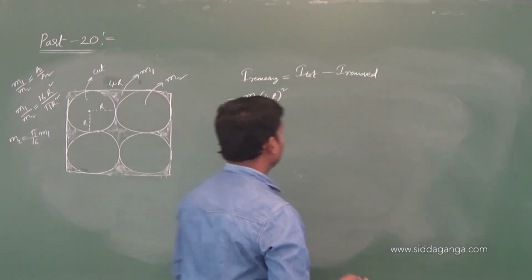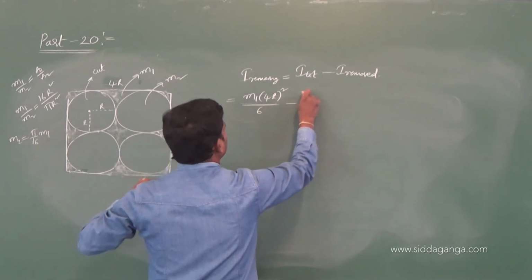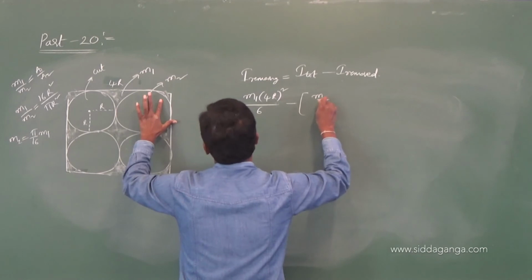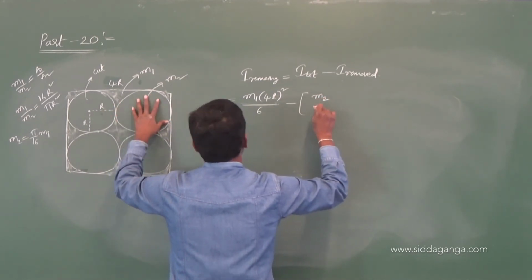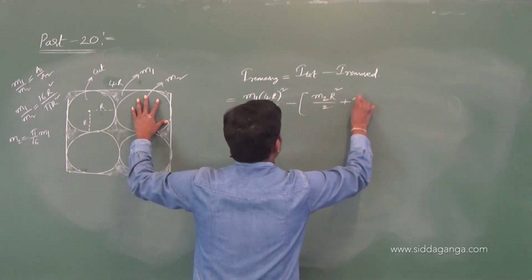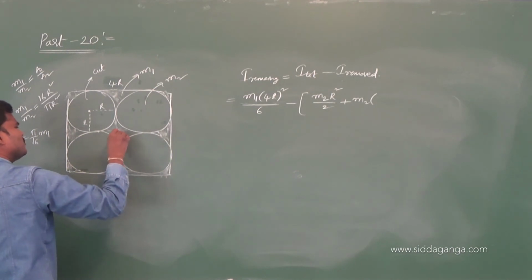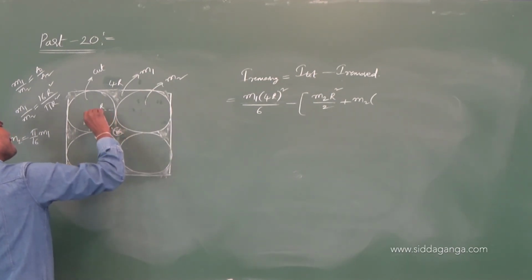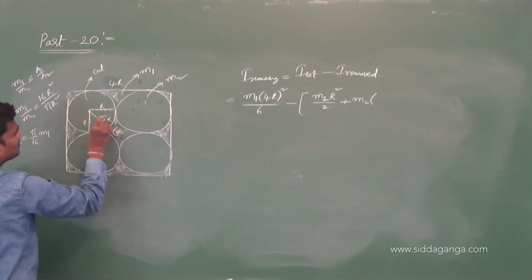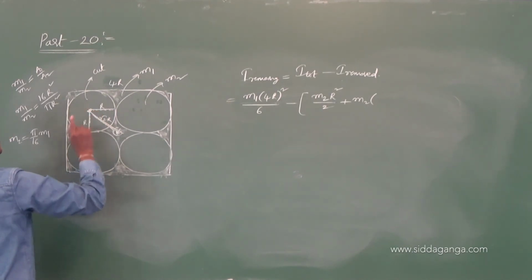So write down m1 times 4r square by 6, minus the removed part mass m2. This is like a circular disc, so the radius is r by 2, the mass of the disc, and the distance between the two centers. About this we are finding; see, this is r, what is this, root 2r, this is root 2r.